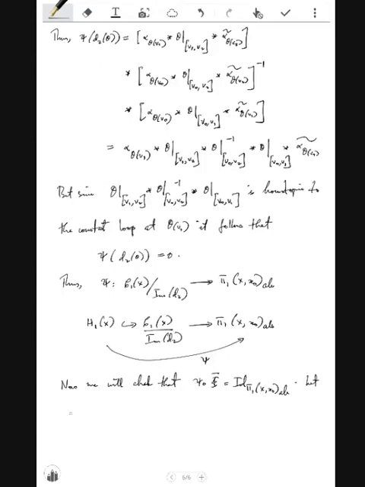So let's take a class f in the abelianization. It is going to be represented by some loop f.